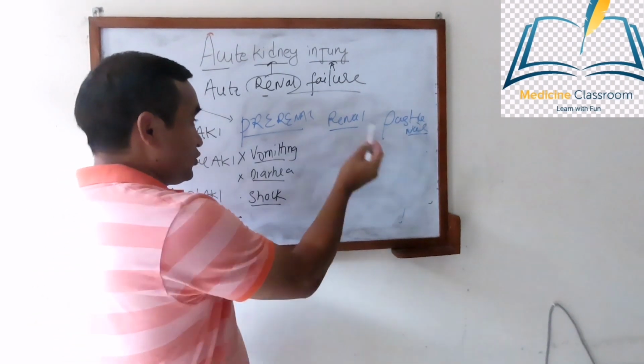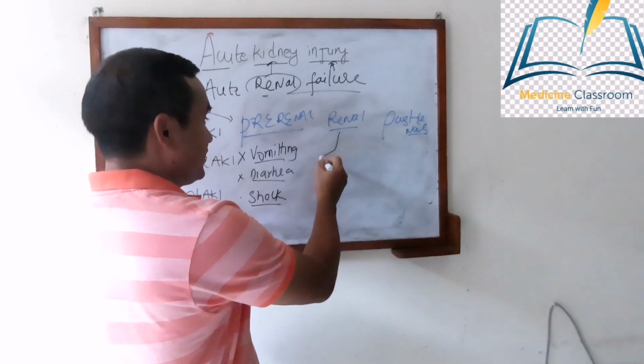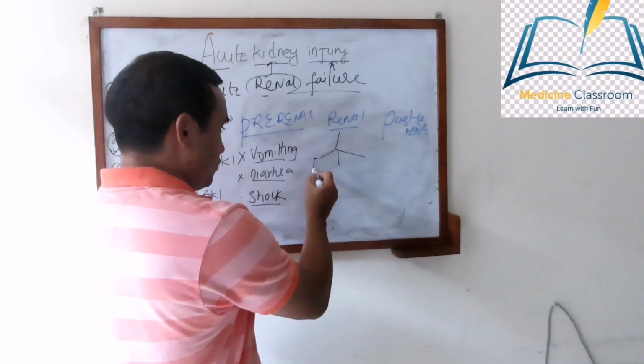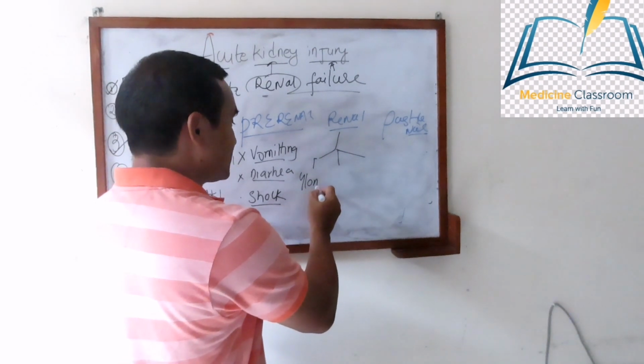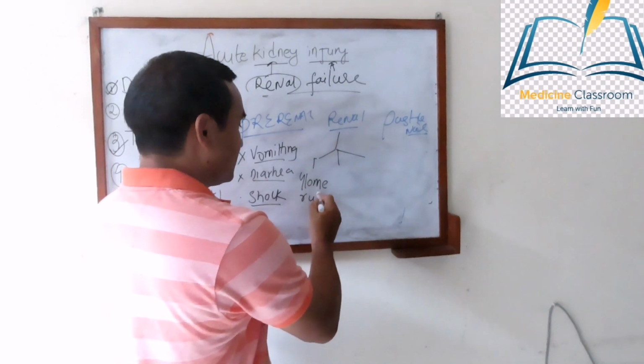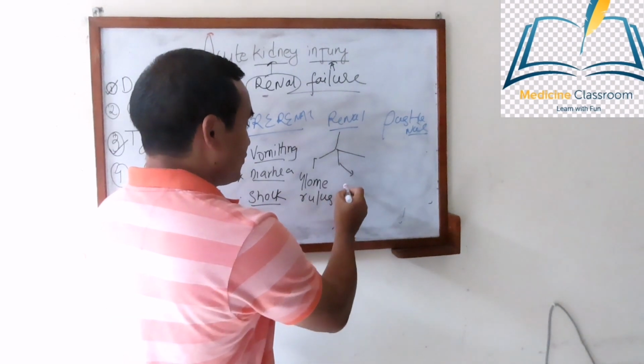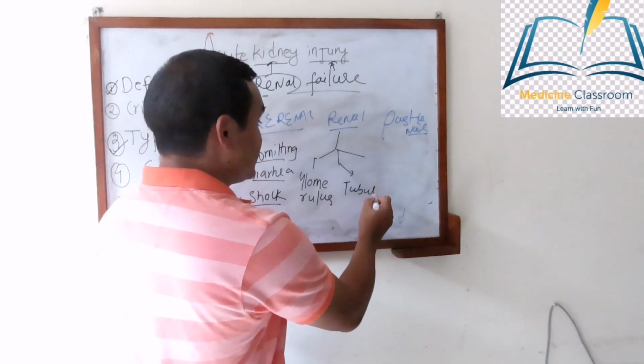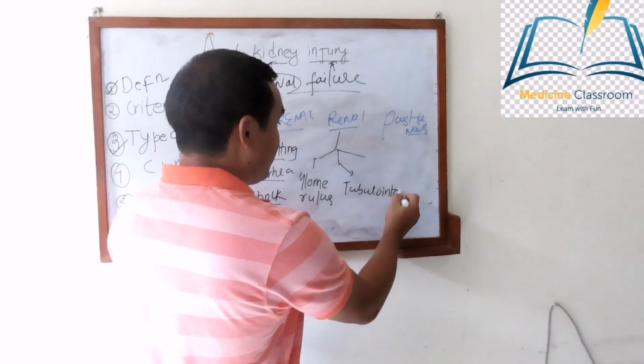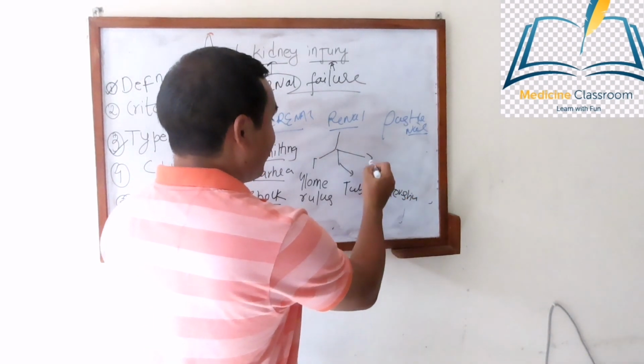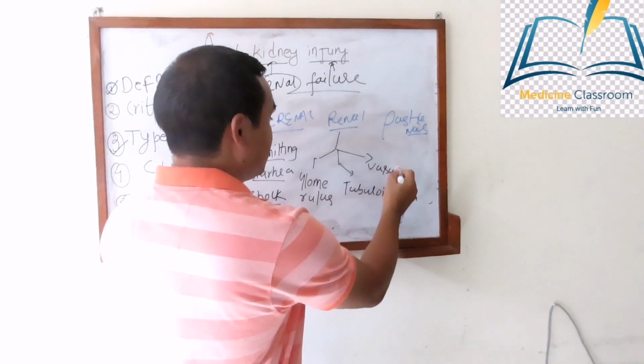And in case of renal injury, it can occur in three parts. One is injury in the glomerulus. Second is injury in the tubulointerstitium, and third can occur at the vascular level.